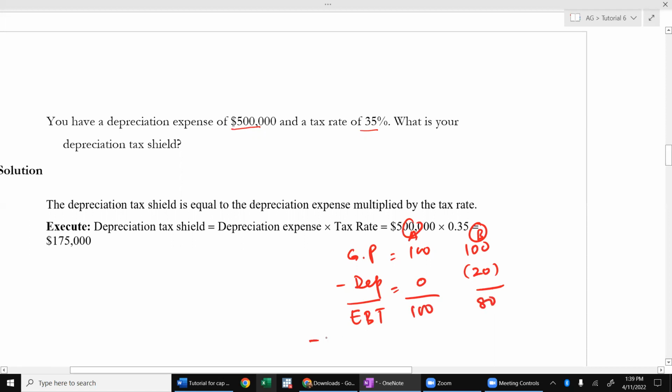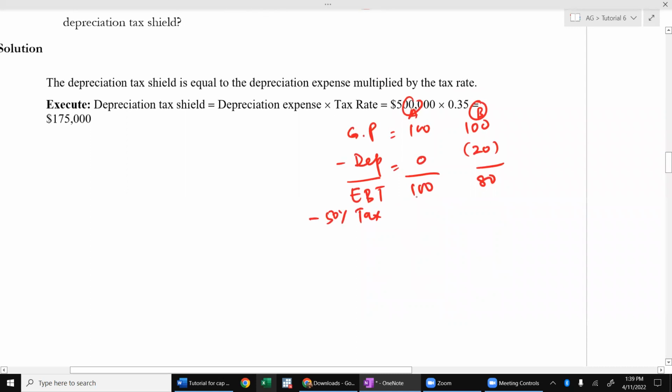Let's say the tax rate is 50%, I'm assuming. How much will be the tax on 100? It will be 50, and in this situation it will be 40. So the earning after tax would be equal to 50 and 40.